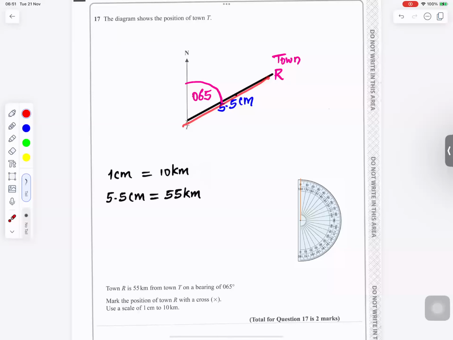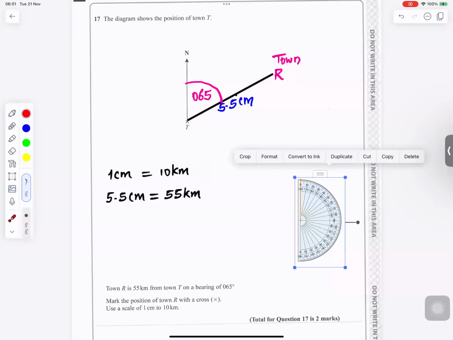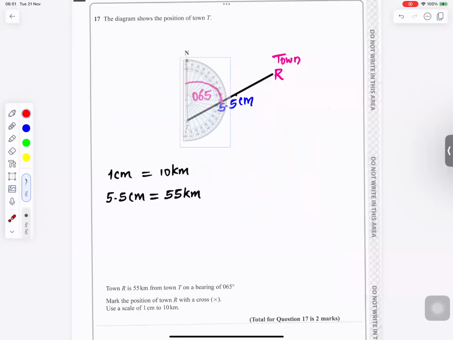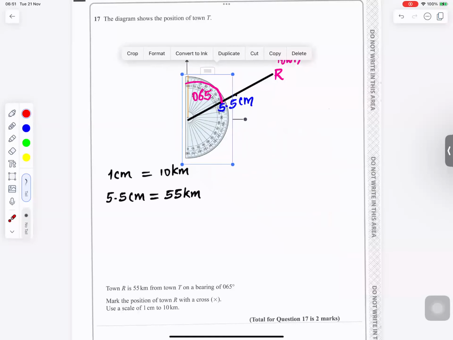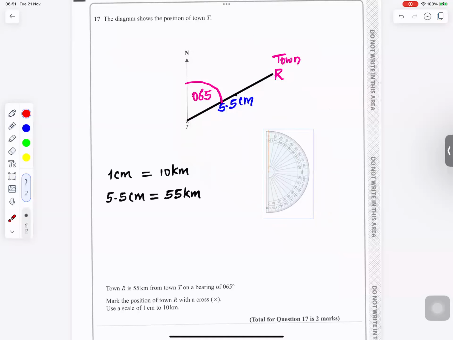So you measure 5.5 centimeters, and you get a protractor and measure the angle of 65 degrees. Measure the angle of 65 degrees.